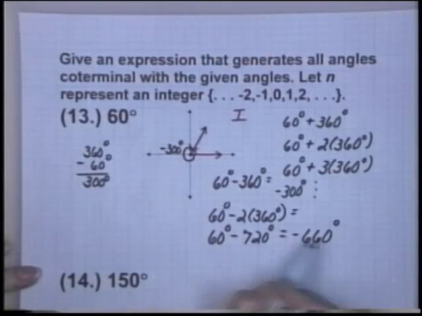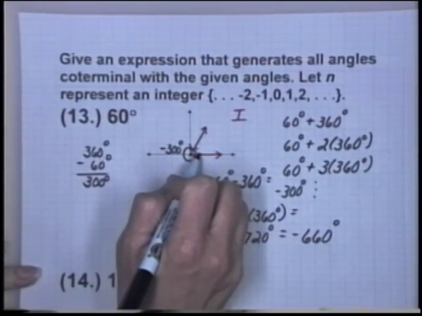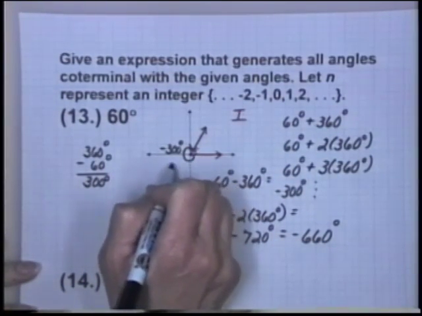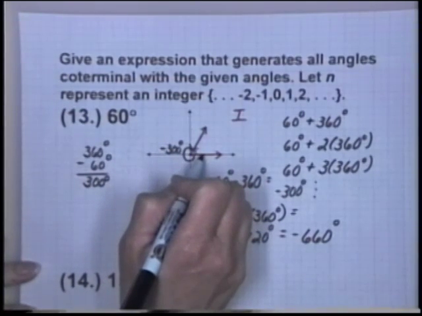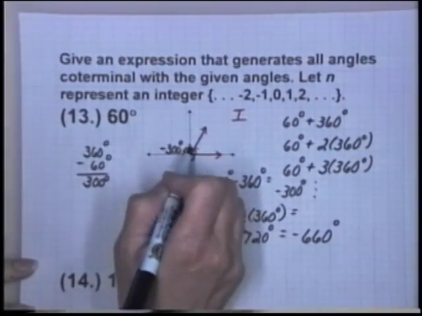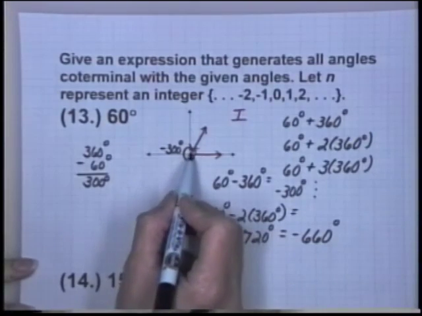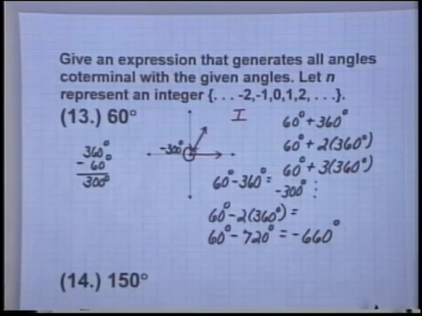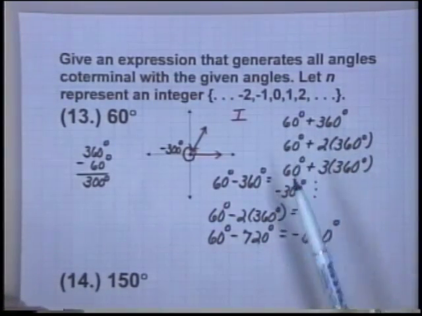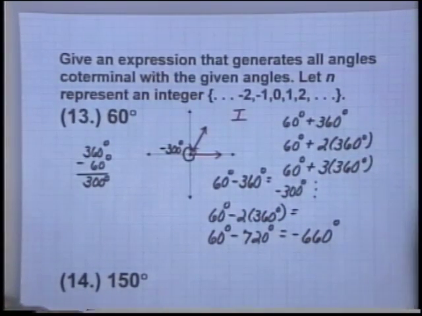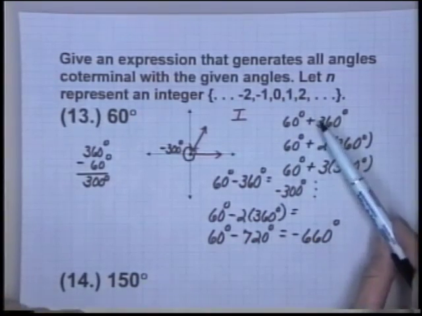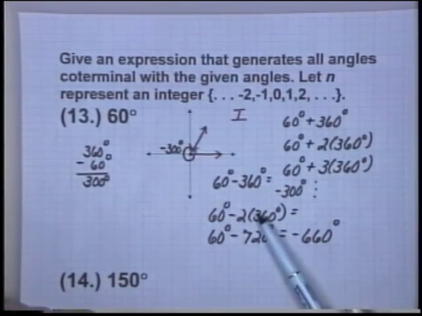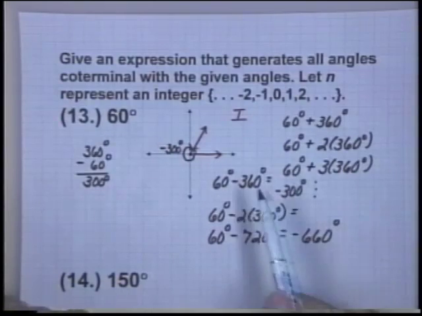Do you see that for negative 660 that I would go in a negative direction, that would be clockwise, 360 degrees, and then I would go 300, and that negative 660 would also be coterminal with 60 degrees. Do you see the pattern here? To get angles that are coterminal with 60 degrees, we are adding or subtracting multiples of 360.